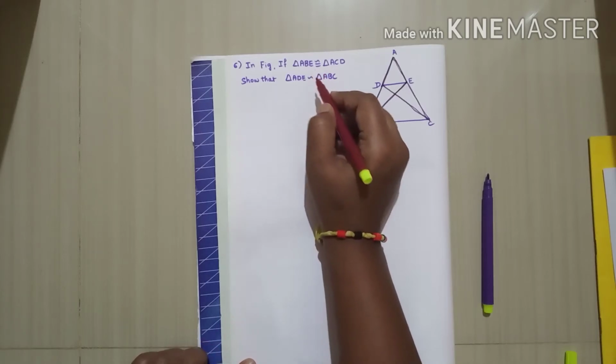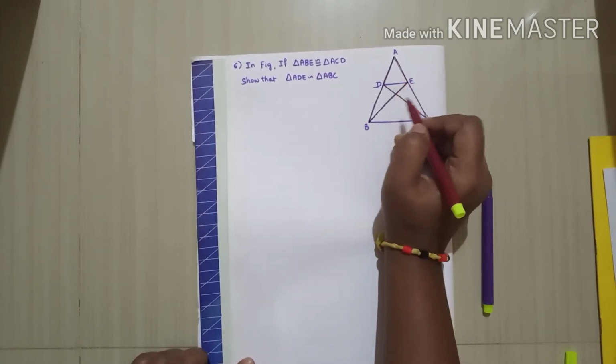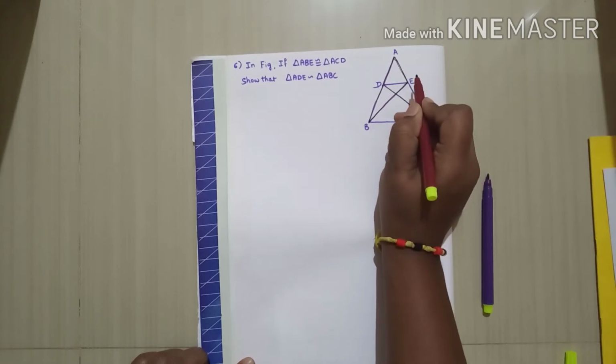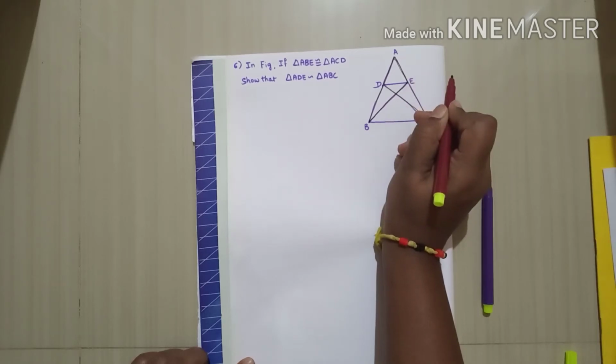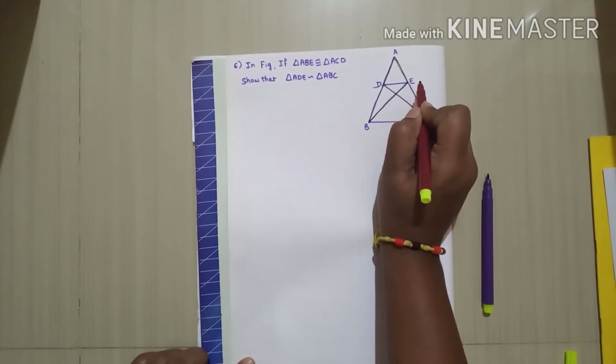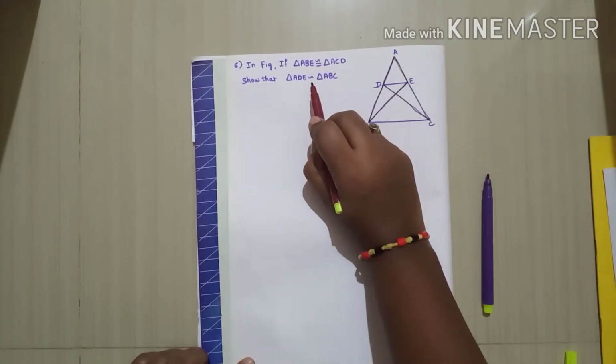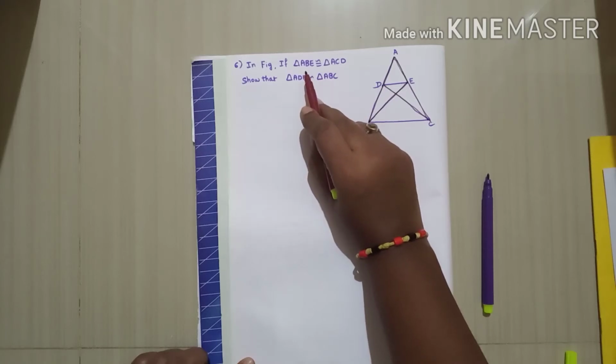Congruent means all the three sides of one triangle are equal to all the three sides of the other triangle, and all the three angles of one triangle are equal to all the three angles of the other triangle. Here sides will be equal, but if the triangles are similar means sides are proportional. If the triangles are congruent means sides will be equal.